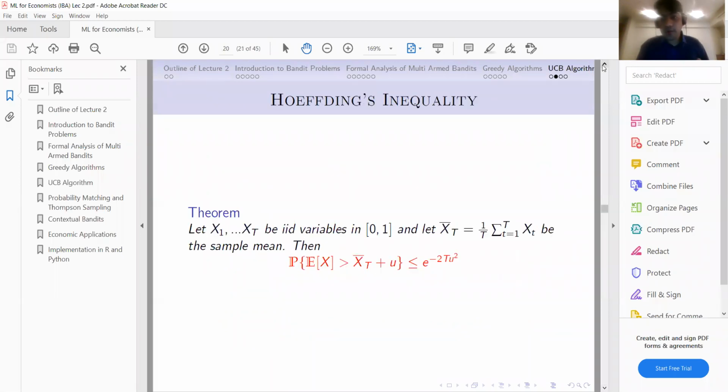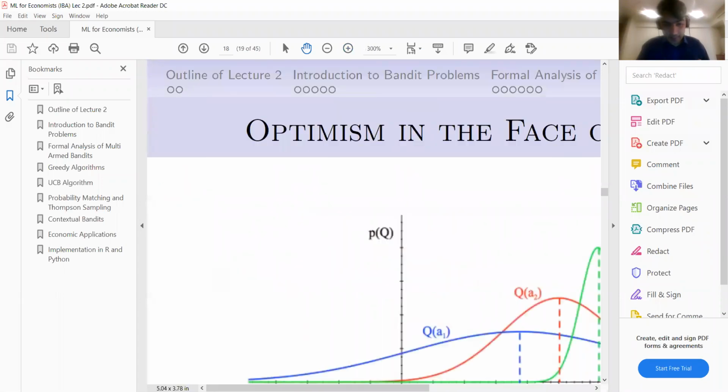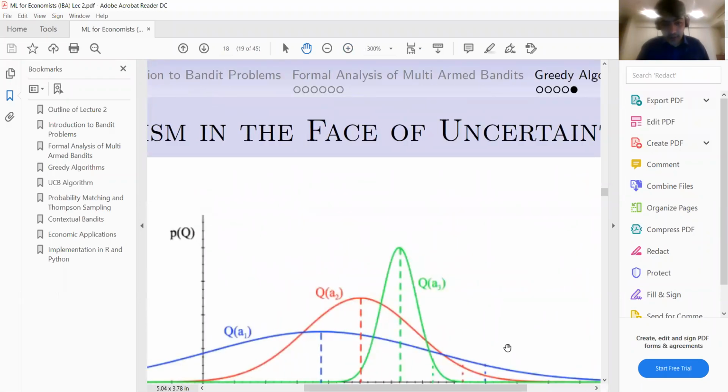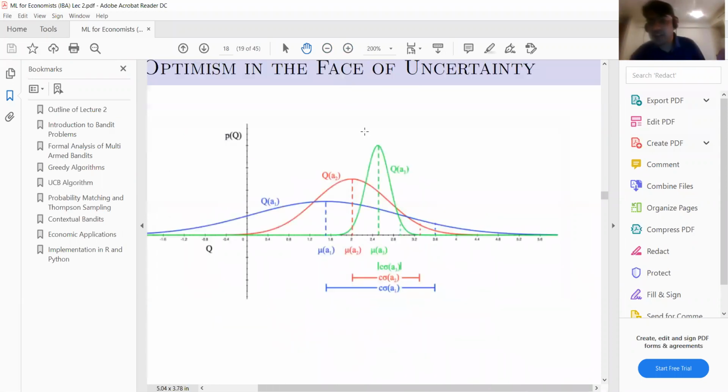So if you look at this diagram, the upper confidence bound says that, let's say there are 3 actions. The green distribution, the red distribution and the blue distribution are 3 reward distributions for the action value functions. There are 3 possible arms, and these are the distributions you have so far.